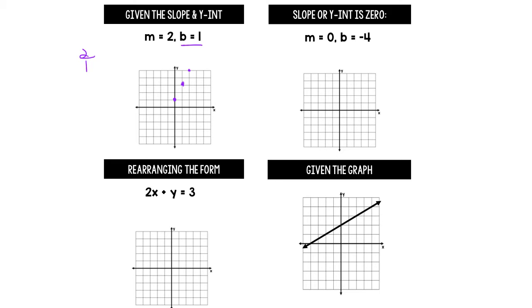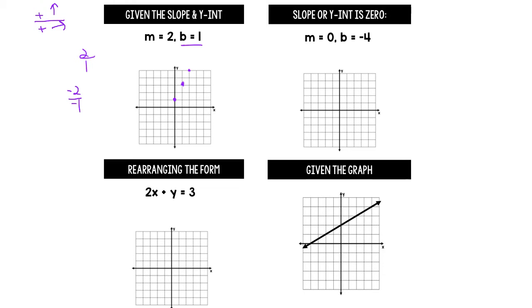But you're thinking, what about these points that could be plotted over here? Well, let's see what we can do about that. 2 over 1 is the same fraction as negative 2 over negative 1. So let's remember that a positive slope on top and a positive on the bottom is up and right.